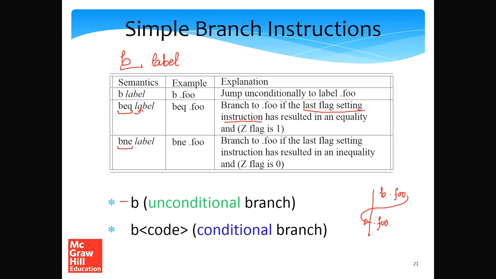So the fantastic thing in ARM is that we have many branch instructions, and all of them have a standard format. So we have B first, and then a branch condition code.